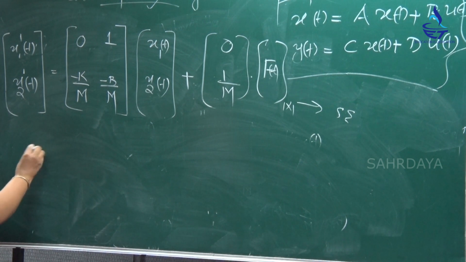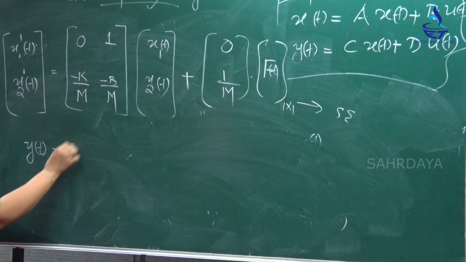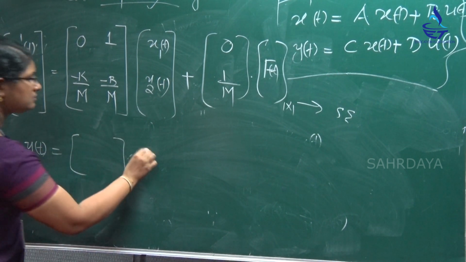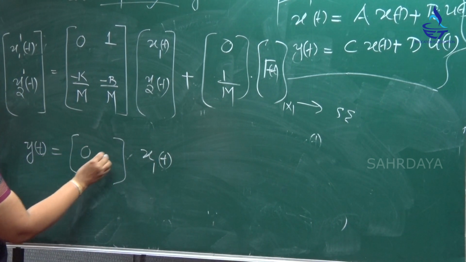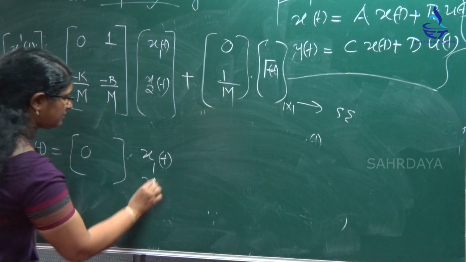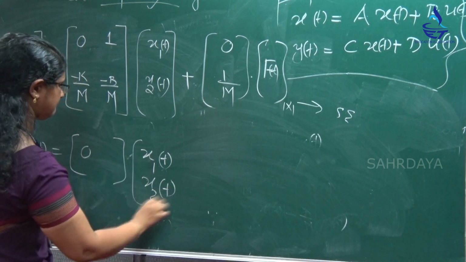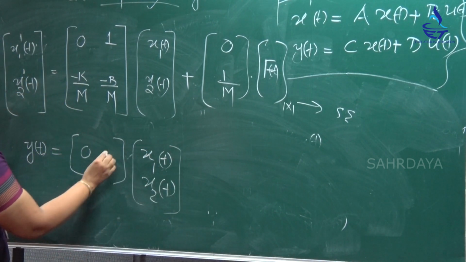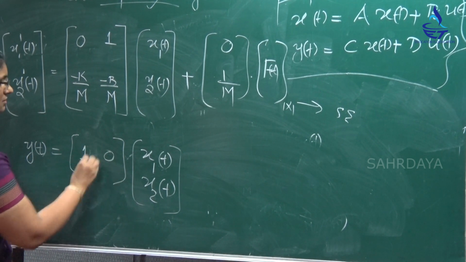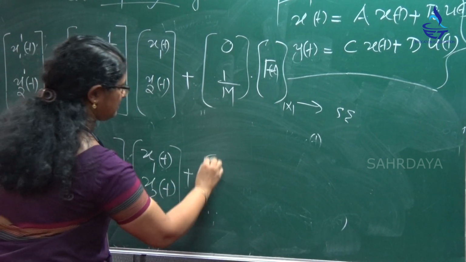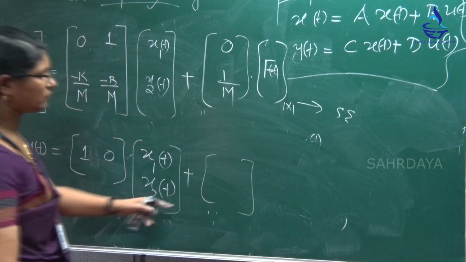I can write it as output variable y of t is equal to matrix C into x1 of t and x2 of t, which is 1, 0, plus matrix D along with the input.